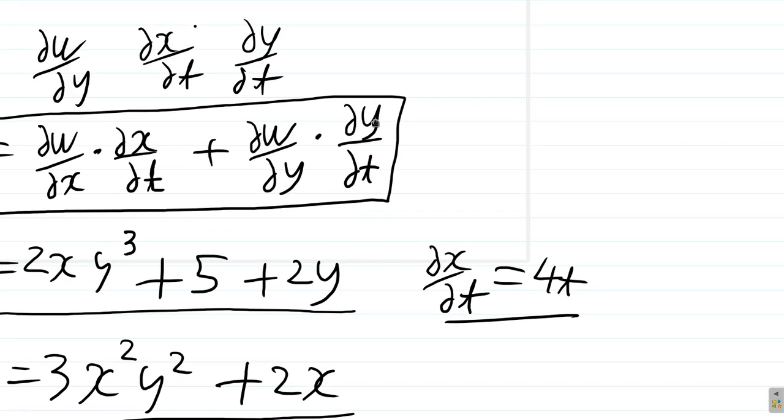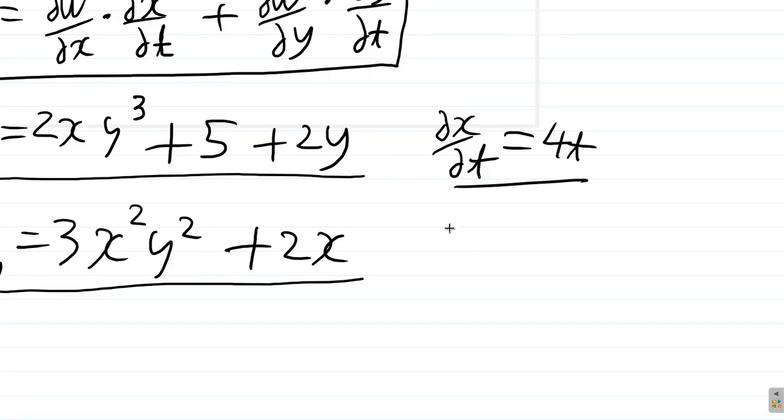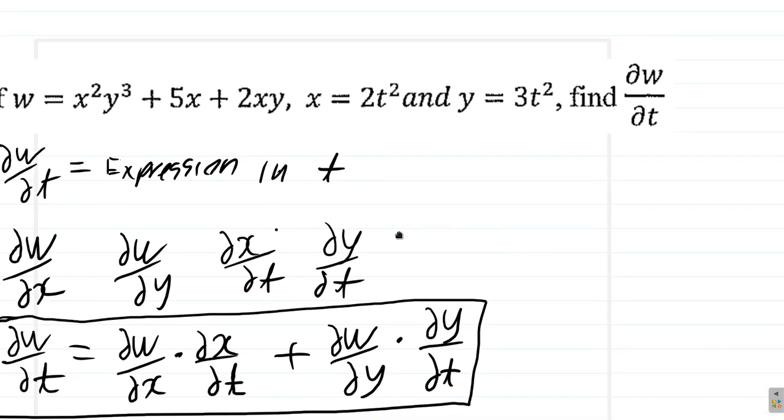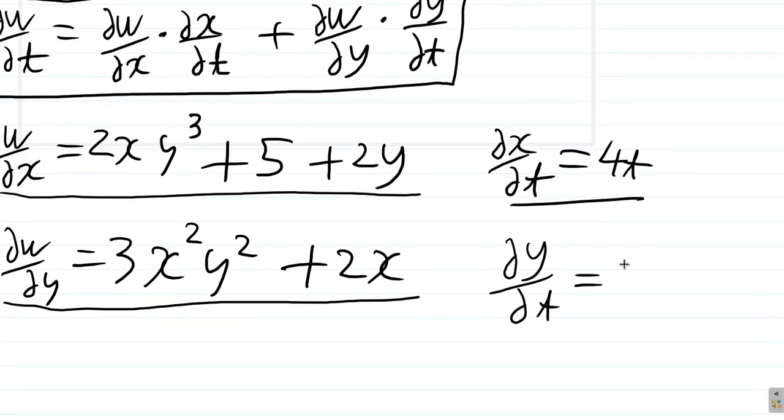And beside it, let's put partial y by partial t. What is the partial derivative of y with respect to t? 2 times 3 is 6, just 6t. So this is equal to 6t.